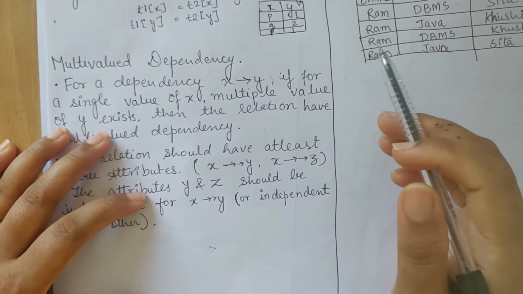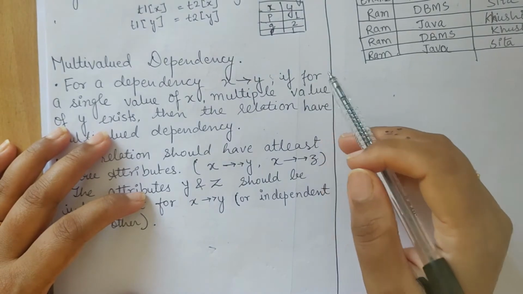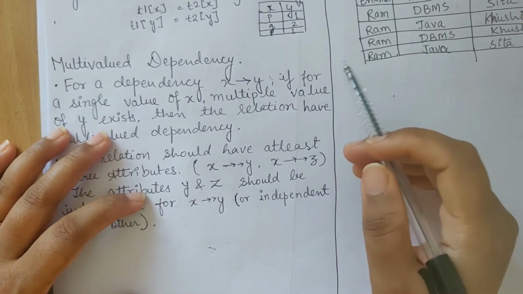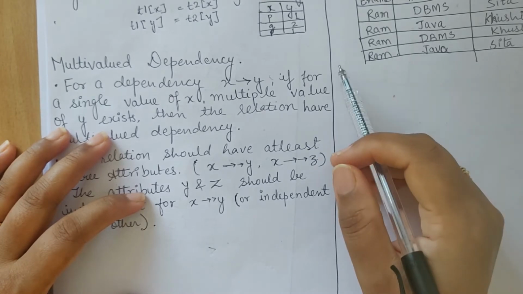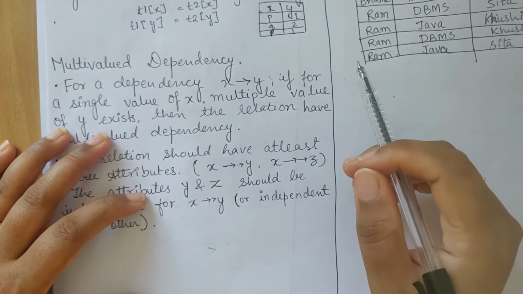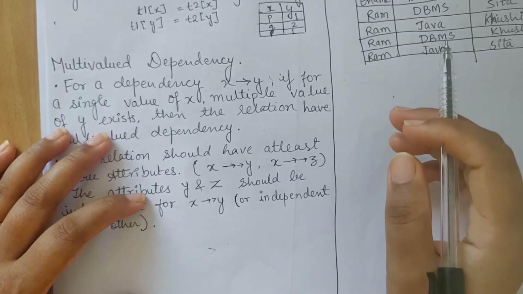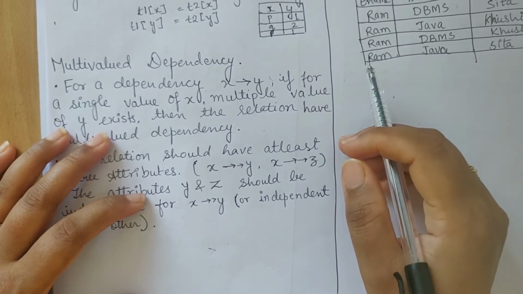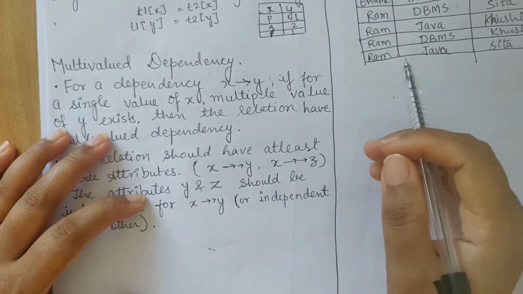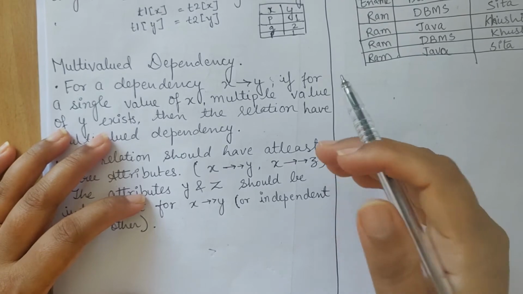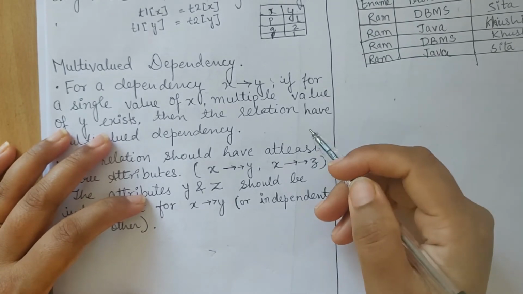And in real life it is very much possible. For a student and the subjects taken by the student, let us suppose student ID is 101. This student 101 can study database, computer organization, Python, Java. So for a single value 101, these many values are present.